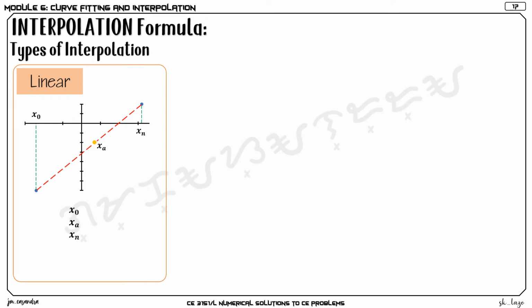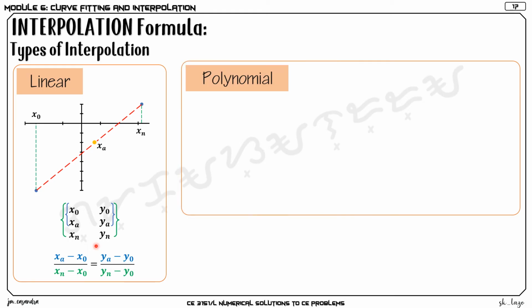So given x sub o, x sub e, x sub n, y sub o, y sub e, and y sub n, we now apply similarities or ratio and proportion, in which x sub o and x sub e with respect to y sub o, y sub e will be equated to x sub o, x sub n, y sub o, y sub n, thus arriving at the general equation for linear interpolation.